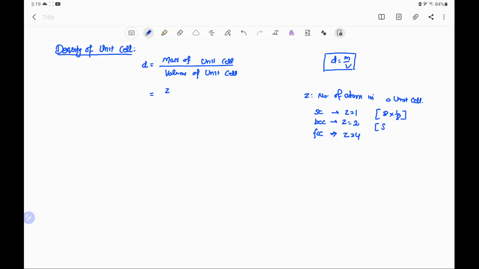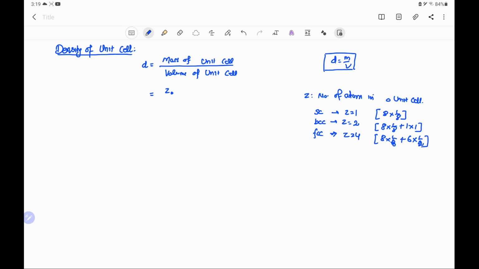In body centered cubic, 8 atoms at the corners shared by 8 unit cells plus 1 at the body center belonging to the unit cell itself. And in FCC, 8 corners shared by 8 unit cells plus there are 6 faces, and 1 face is shared by 2 unit cells. So in this way we have to calculate the number of atoms per unit cell.